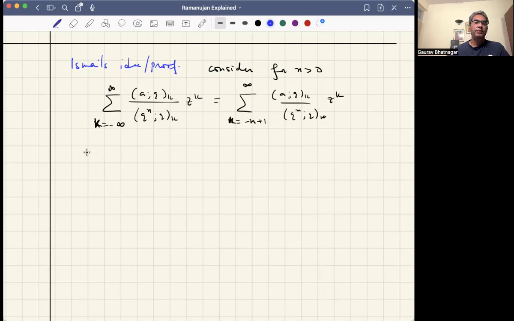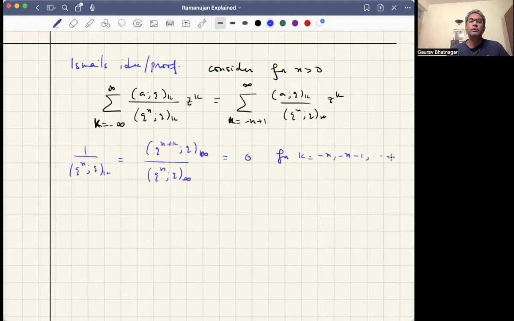Because if you consider (q^n; q)_k, again by the same approach, by its definition, what we did earlier, this is what the definition is, and this is 0 for k equal to minus n, minus n minus 1, and so on. So the bottom terms drop out, and we get this. So this sum is equal to this, and then we can shift the sum. So the sum is k going from 0 to infinity. So we shift the sum.